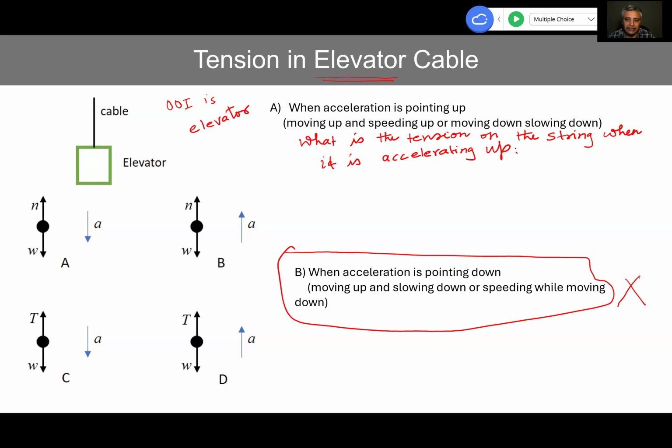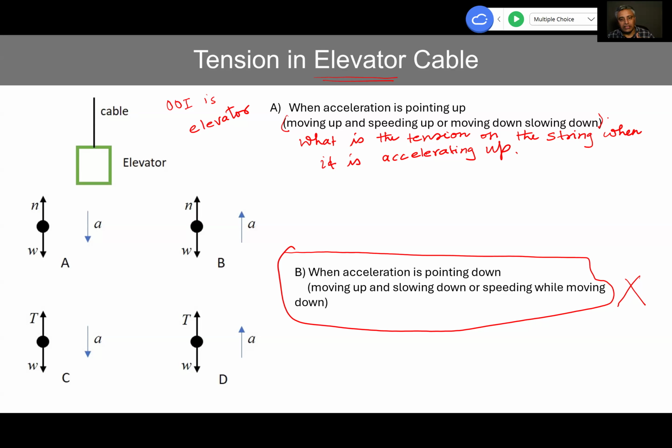So keep that in mind. To describe that, I have this in the parenthesis: it's accelerating up when it is moving up and speeding up, or when it's moving down but slowing.